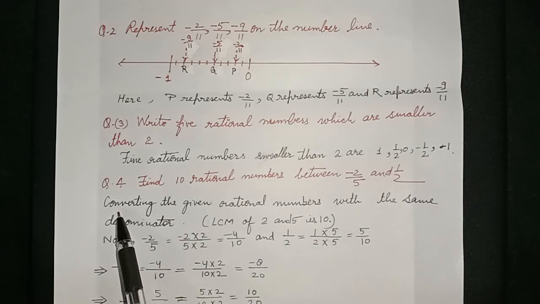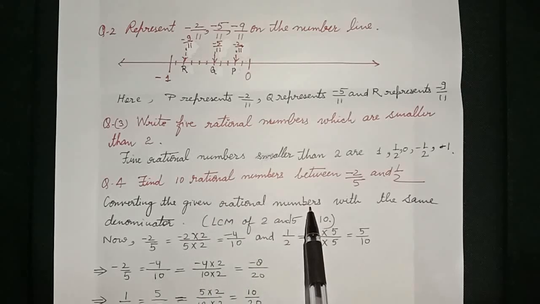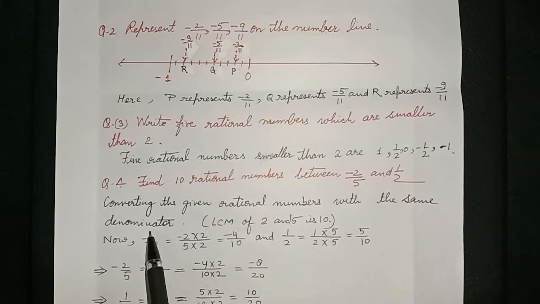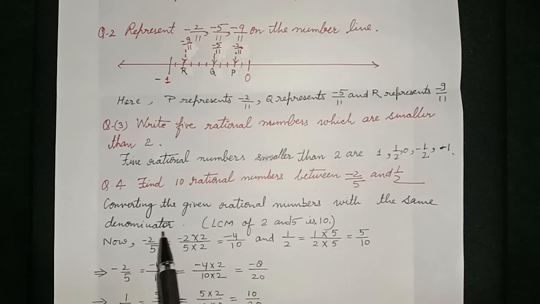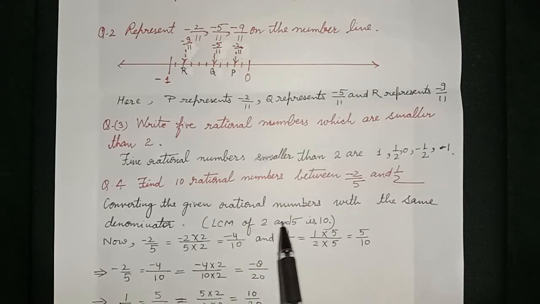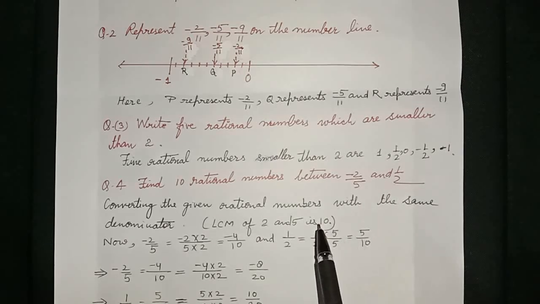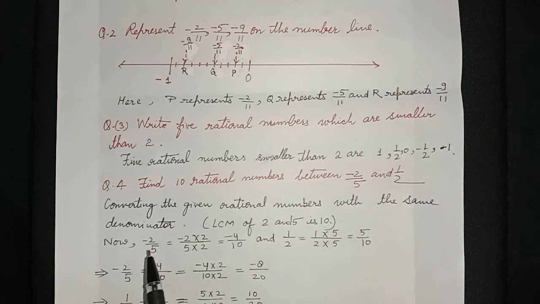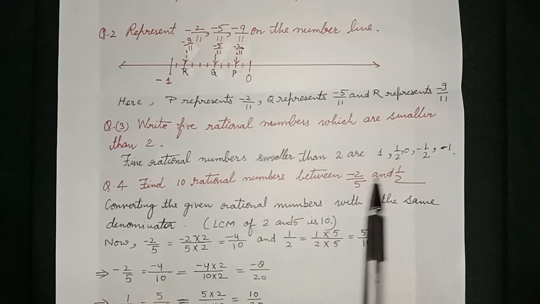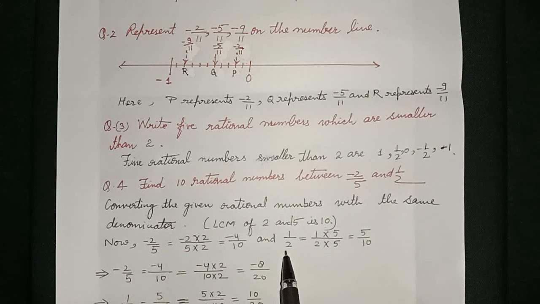So first you will write, converting the given rational numbers with the same denominator. You know that to make denominators the same, we take the LCM of the denominators. LCM of 2 and 5 is 10. Now first we take the first rational number minus 2 upon 5 and the second rational number 1 upon 2.